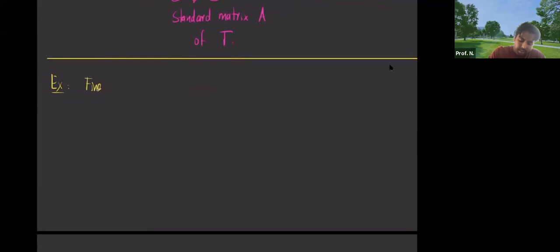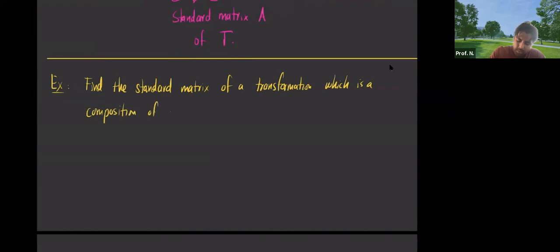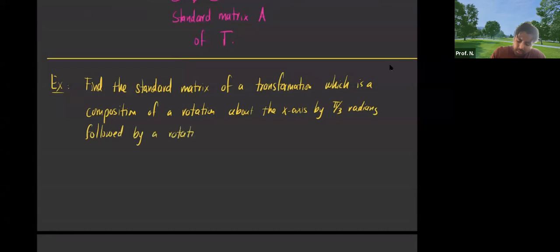So find the standard matrix of a transformation which is a composition of a rotation about the x-axis by pi/3 radians, followed by a rotation about the z-axis by 45 degrees.